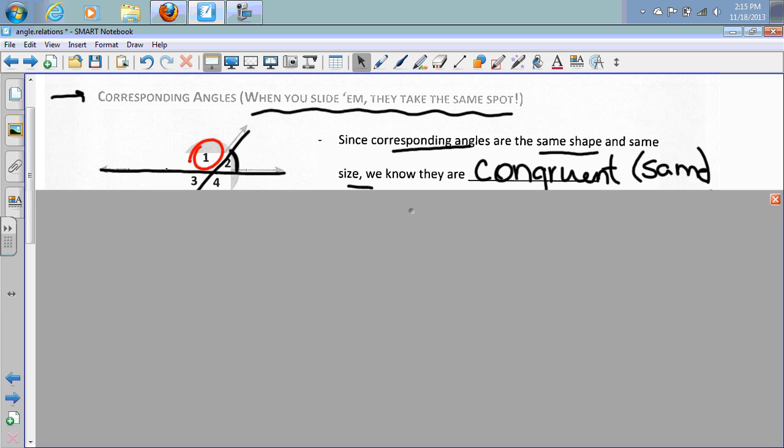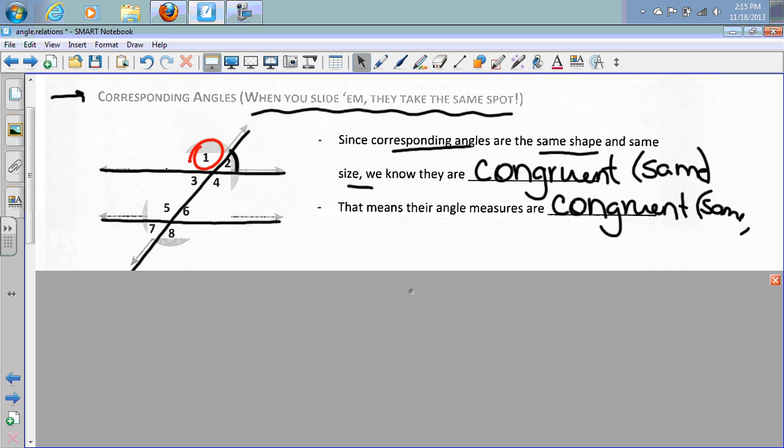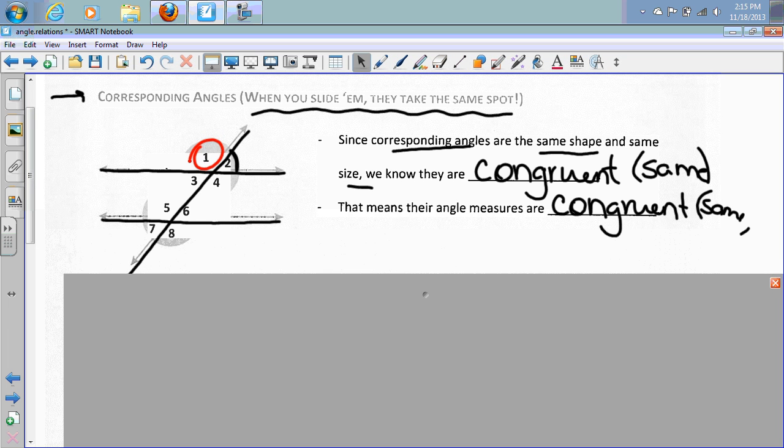Do we have some angles below that fall in that same pattern? If we just look at these 4, 5 is in the upper left, 6 is in the upper right, 7 is in the lower left, and 8 is in the lower right.